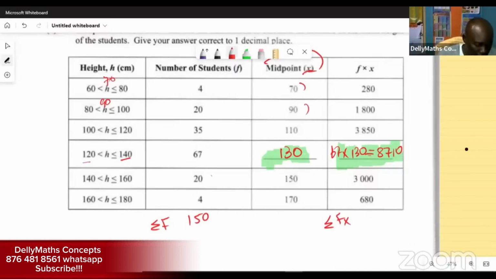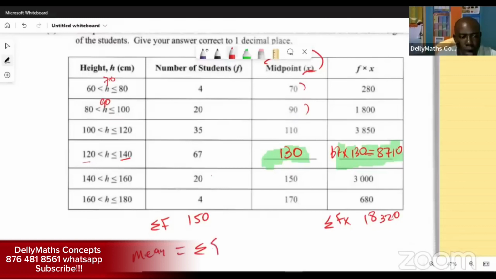We're adding 280 plus 1800 plus 3,850 plus 8,710 plus 3,000 plus 680. And this would have given a total of 18,320.